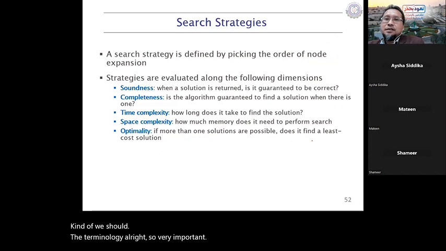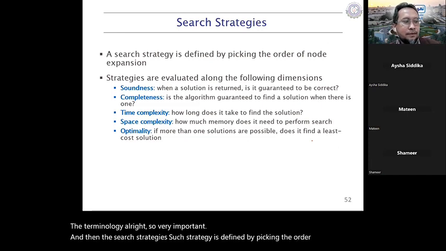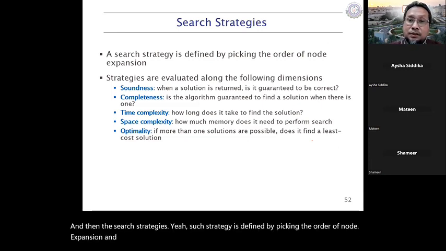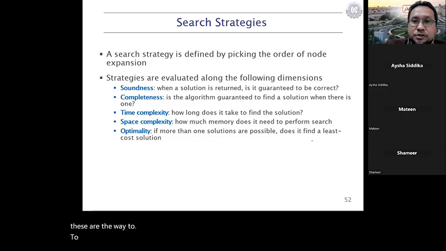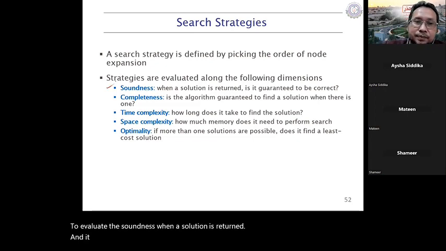And then the search strategies. A search strategy is defined by picking the order of node expansion, and strategies are evaluated along the following dimensions. Soundness: when a solution is returned, is it guaranteed to be correct or not?